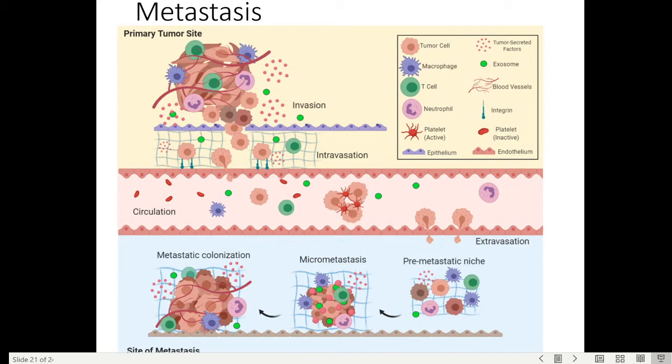Automatically it will connect and make neurons, cells, and nerves. Those cells help them to move from one place to another place. They move to get food for survival.